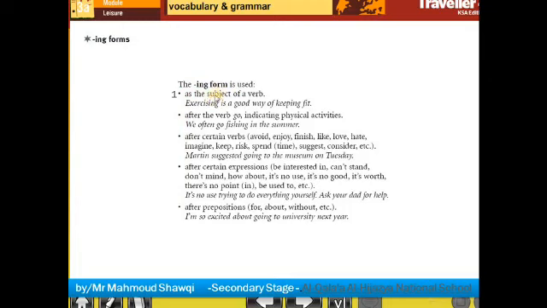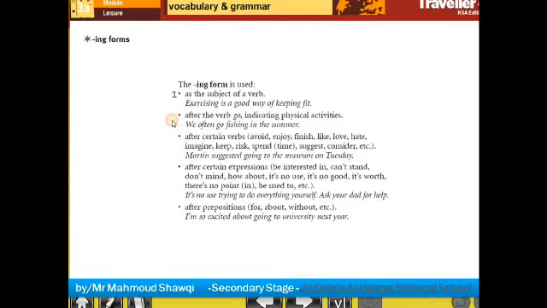We can add ing to the verb and we begin the sentence with it as a subject, like exercising is a good way of keeping fit. Smoking is a bad habit. Playing football is my hobby. Here we begin the sentence with the subject, verb plus ing.